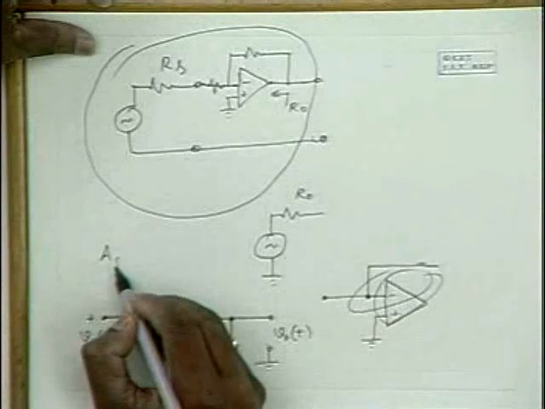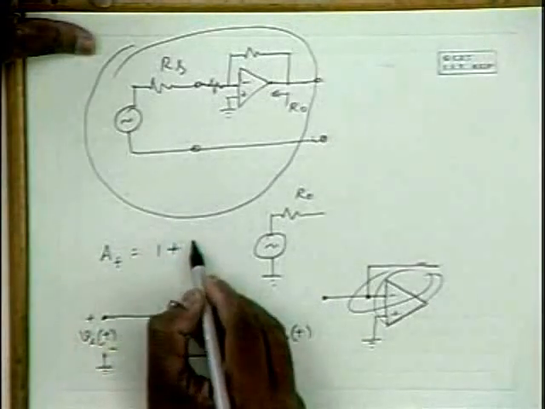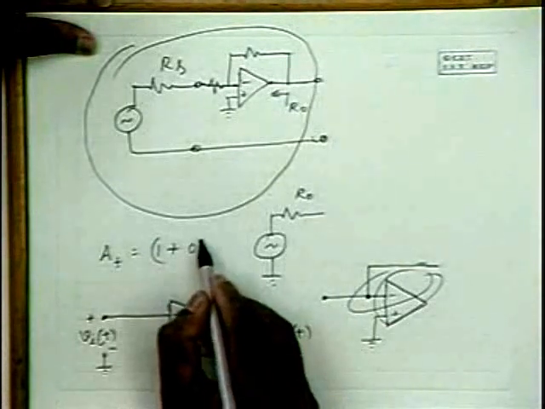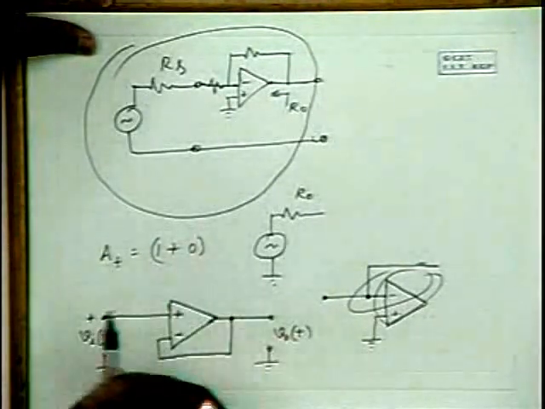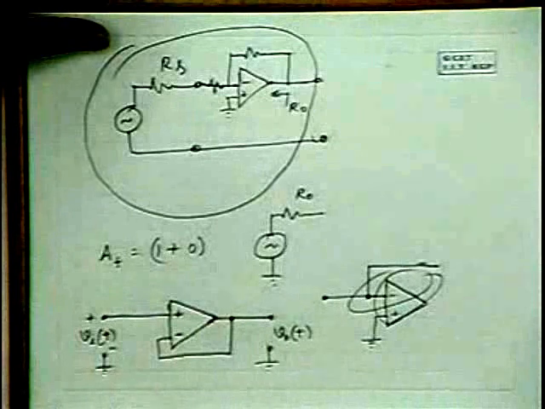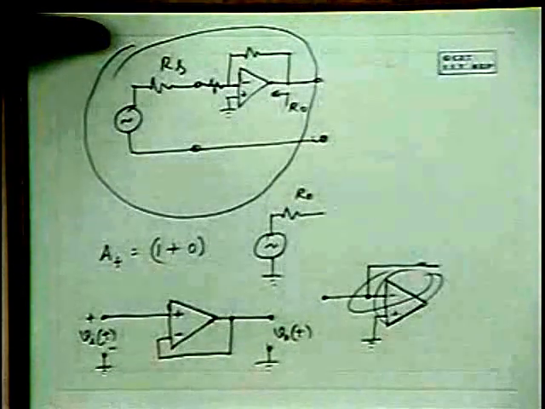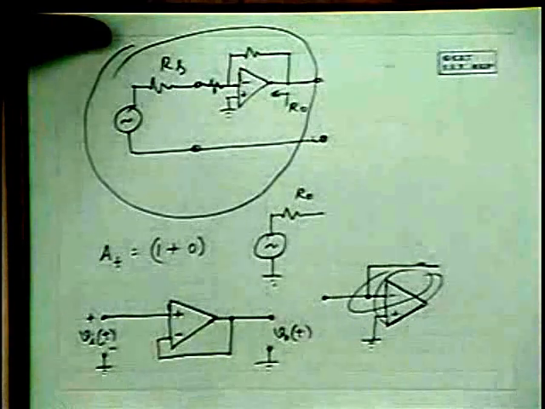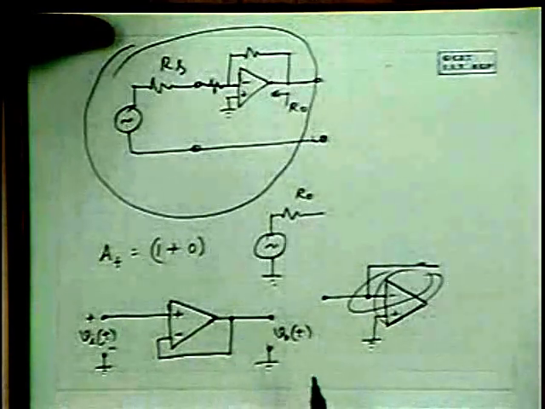In this case, the gain is equal to 1 plus RF by R, which is equal to 0, and that is equal to 1. So here the gain is equal to 1. Hence it is a source follower.